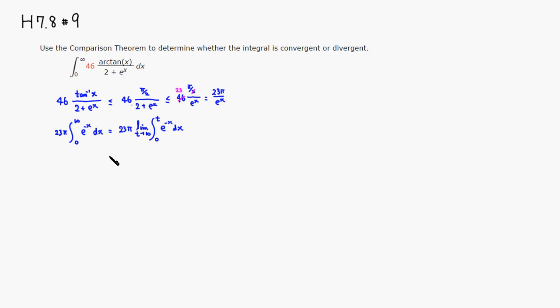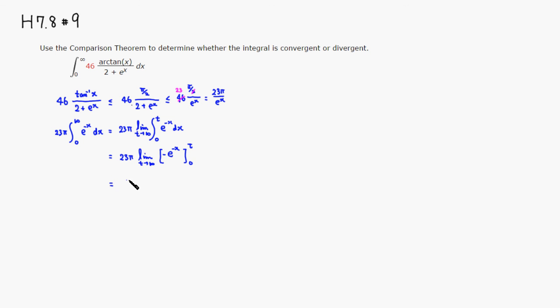So this is going to be equal to 23 pi, and we'll take care of the limit later, limit as t approaches infinity. The antiderivative of e to the negative x would be e to the negative x over negative 1, so I'll just put the negative sign right here. Then you're going from 0 to t.